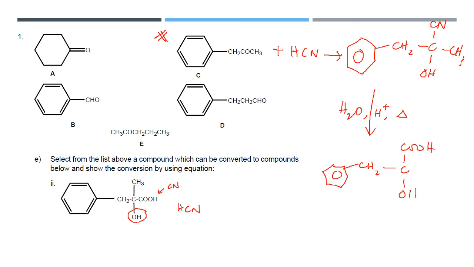This one will stay as OH and CH3. This is basically the compound that we want here. So we're going to get 2 marks here for question number 1E2. Well done, everybody, if you've got the same answer as the one that I've presented to you. Alhamdulillah. So that's all. Assalamualaikum warahmatullahi wabarakatuh. Bye.